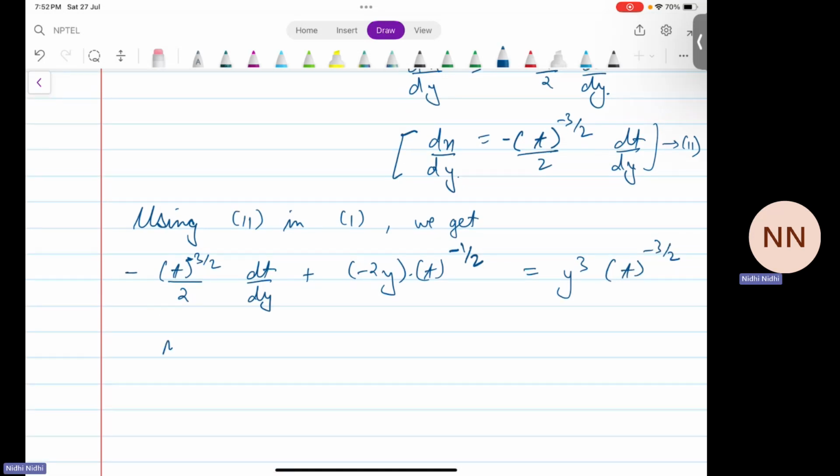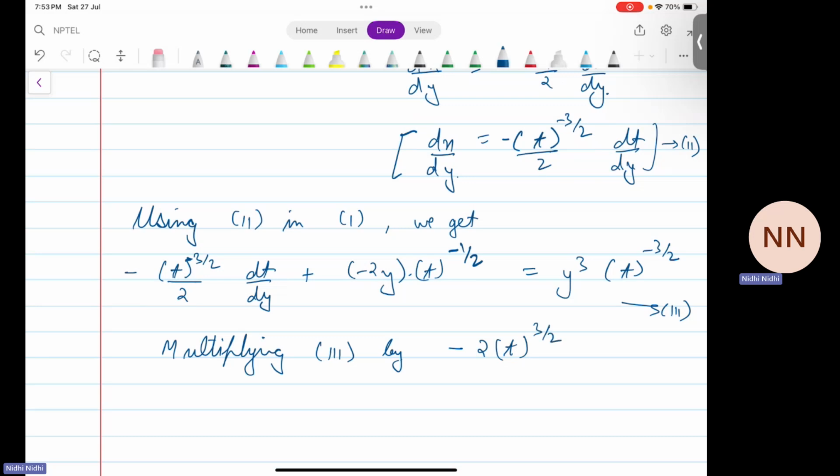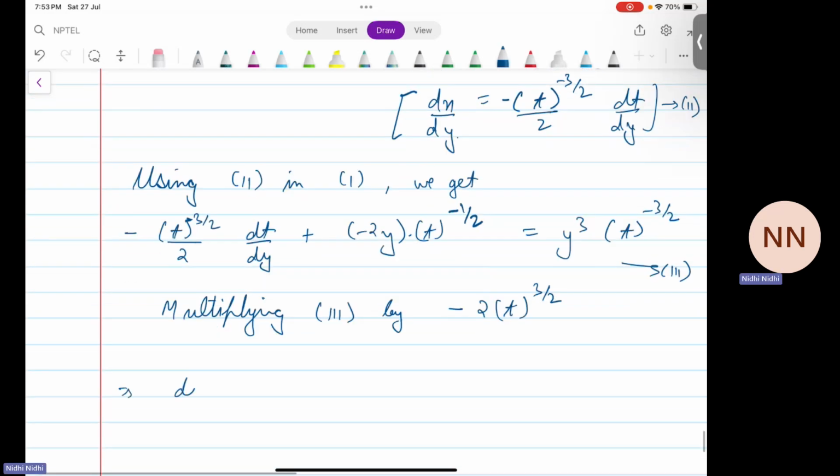Now multiplying equation 3 by minus 2 t to the power 3 by 2, we get dt by dy plus 4yt, because 3 by 2 minus 1 by 2 is 1, is equal to minus 2y cube.